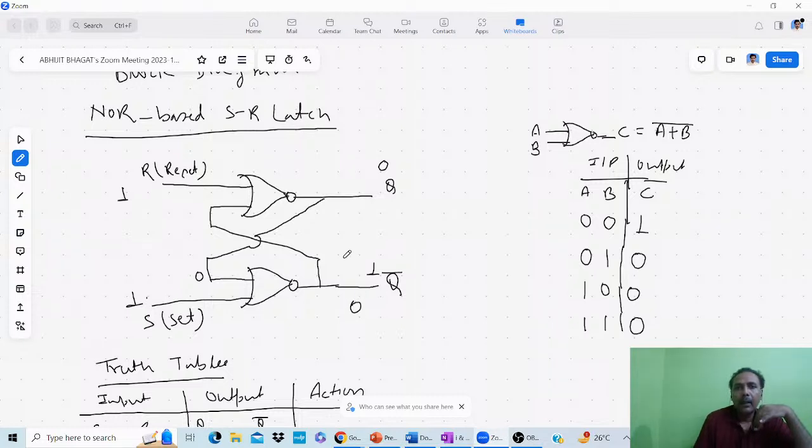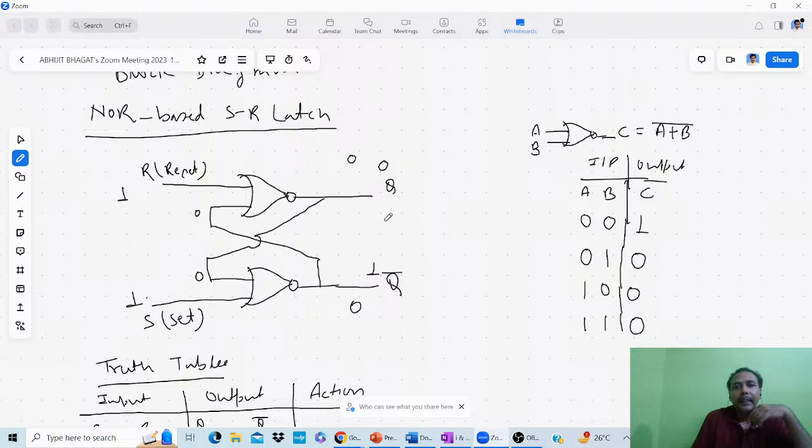Okay. Now here in this case, you can see this is 0. So it is 0 here. And 1 0, again it is 0.